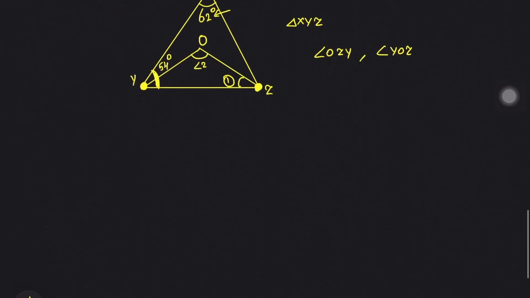So let's move to the question. The given value angle X is equal to 62 degrees and angle XYZ is equal to 54 degrees. In triangle XYZ, the total interior angle is 180 degrees.